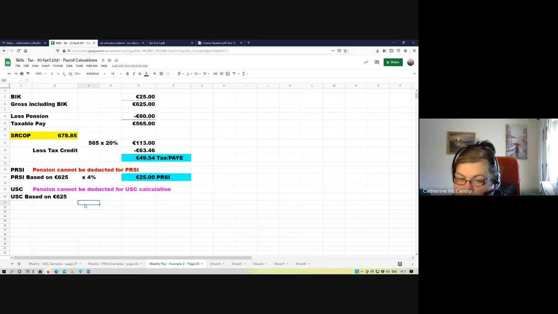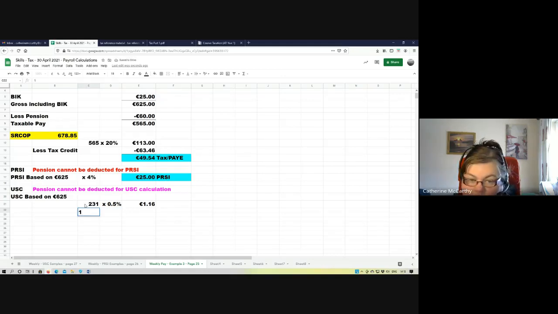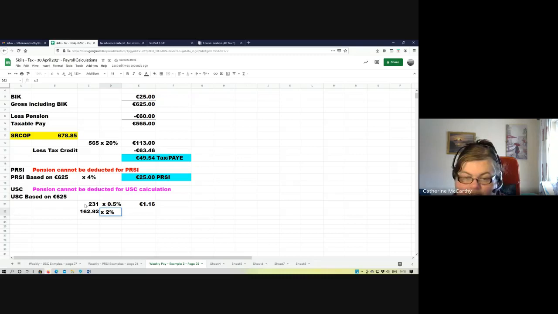So we will have 231 at 0.5%, then the next 162.92 at 2%, and then the balance.